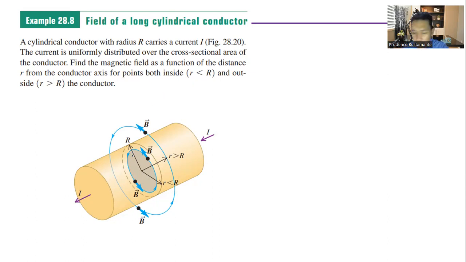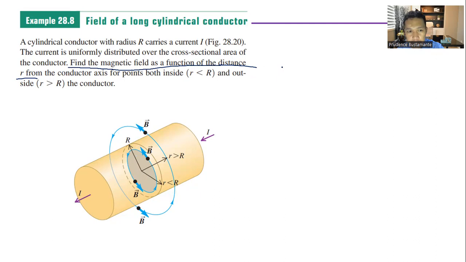First, we have a cylindrical conductor of radius r, and we find the magnetic field as a function of the distance r. We use Ampere's law.